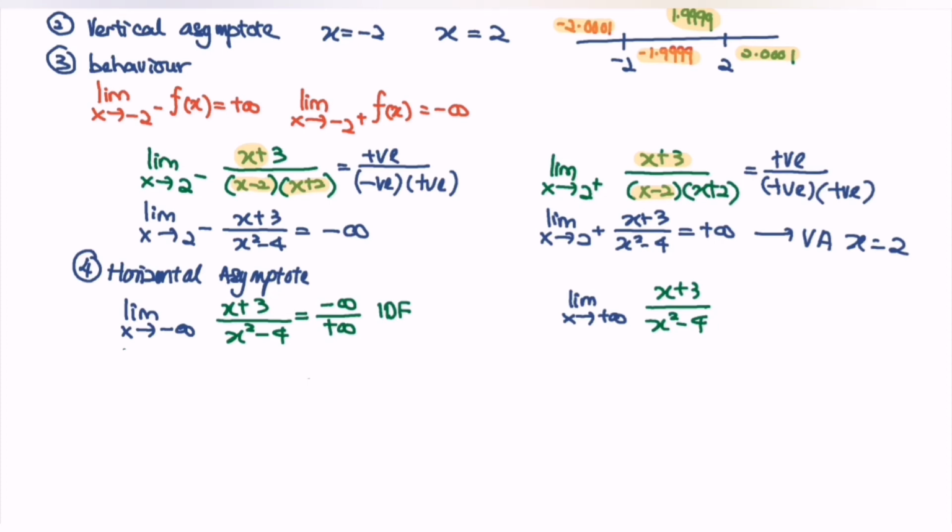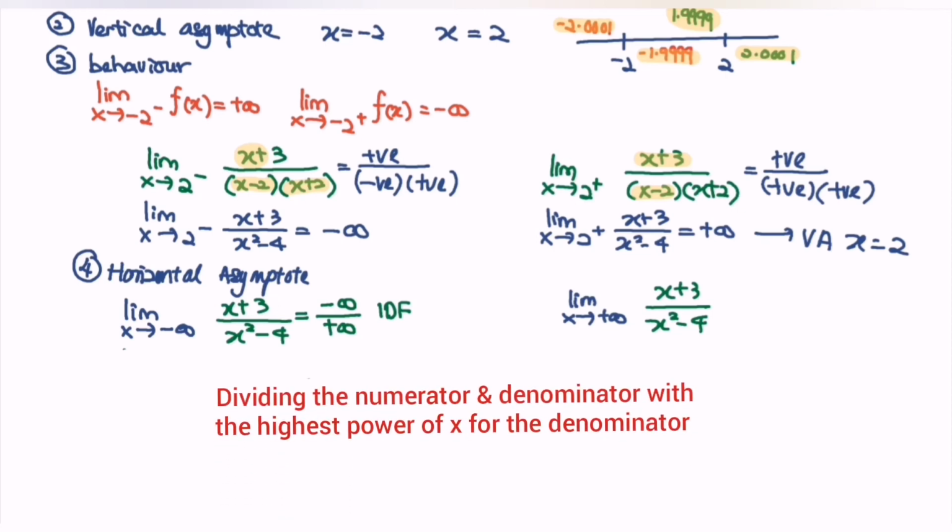What is the strategy to solve this kind of problem? Divide the numerator and the denominator by the highest power of x in the denominator. Kindly reverse the denominator. We have the highest power is x squared.